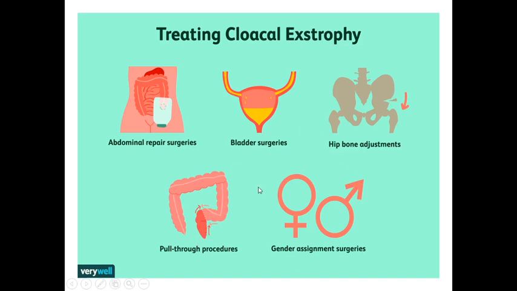Then the baby's genital organs may not be properly placed in cloacal exstrophy. So they are all outside the body. So you will have to place them in proper anatomical position by gender assignment surgeries to realign them back in their normal position.